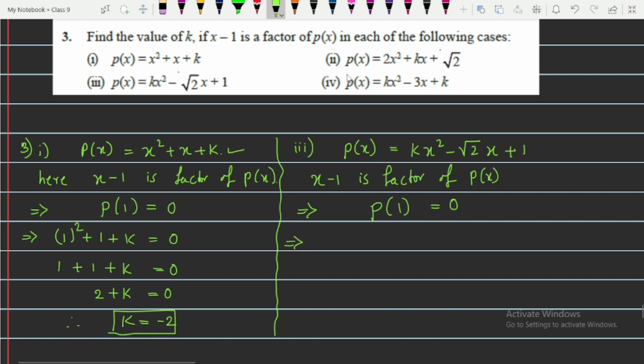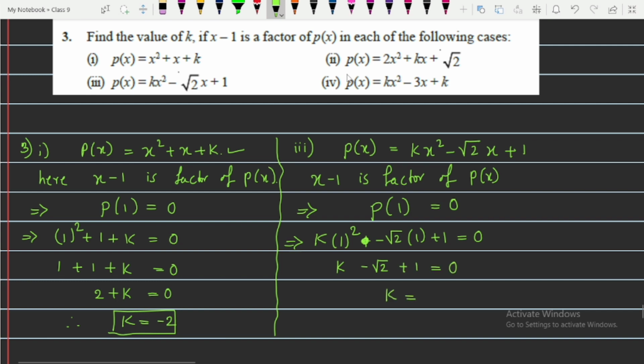So now where x is there, you can put 1. So that is k into 1 square minus root 2 into 1 plus 1 equal to 0. Now k into 1 square is 1 only, so this is k. This is minus root 2 into 1, that is minus root 2, plus 1 is equal to 0.